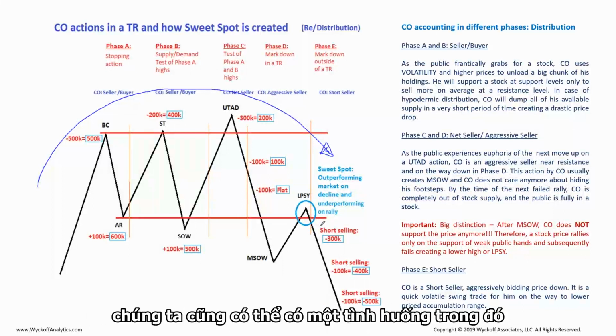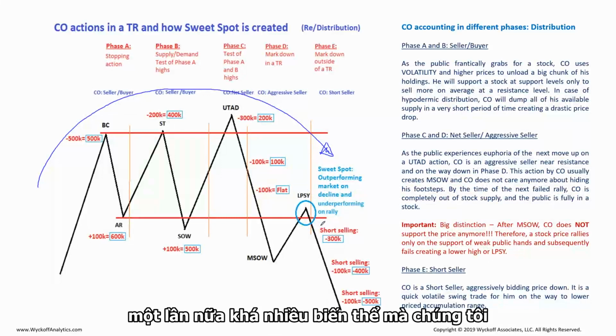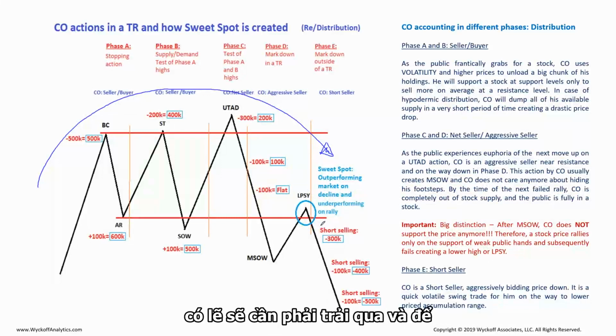We also could have a situation where the distribution is going to have a lot of strength characteristics, and only at the end of the distribution there's going to be some indication that the relative strength has changed. So again, quite a few variations that we probably would need to go through and to discuss. All right.